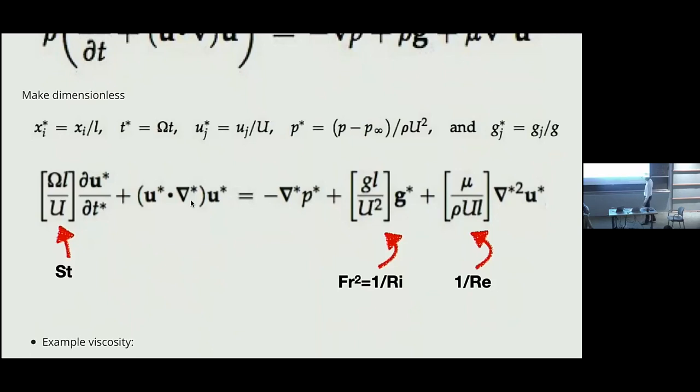But the key point is that now we can say, for example, if the Reynolds number is very, very large, like it is in stars, well, then 1 over Re is very, very small. And that means that this term, generally speaking, doesn't matter in the momentum equation. And so that's why we can say, let's just forget about it. But the other important point is that if we have the same coefficients in front of these terms and we solve it, it should be the same answer.